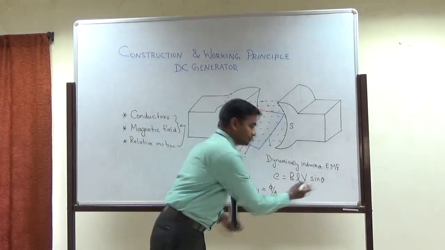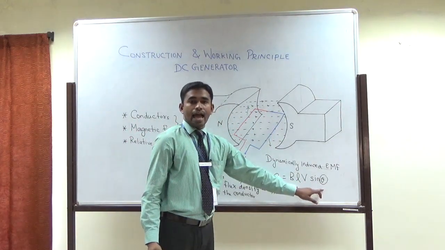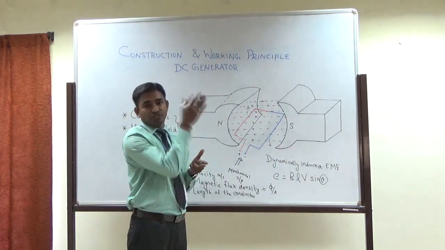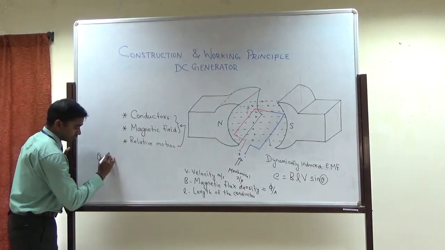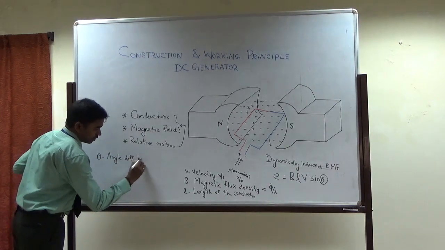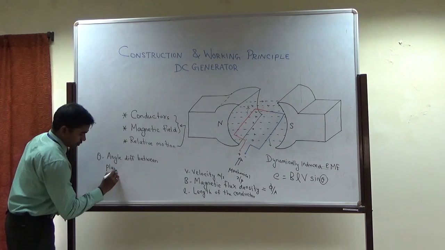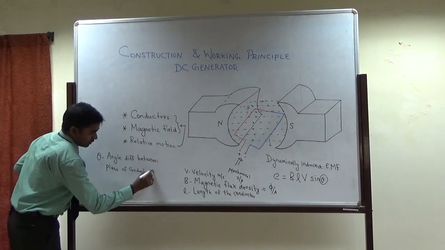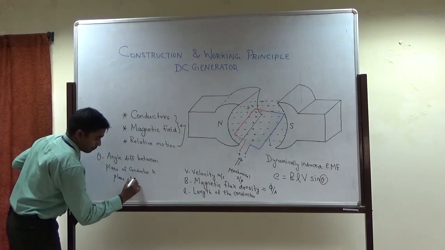Now what is meant by this theta? This theta is the angle difference between the plane of the conductor and the plane of magnetic flux.